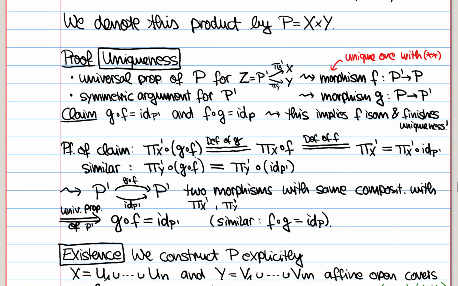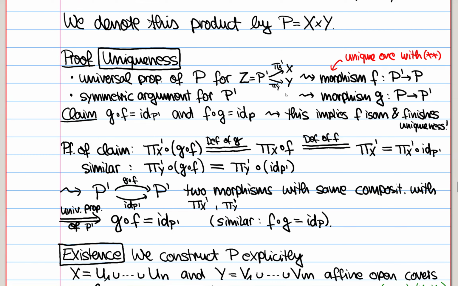So let's see what this map does after we compose with a projection operation. Then we'll use associativity, and you see here you have pi x prime composed with G. But by the definition of G, G was the unique thing such that composing with pi x prime gives you pi x.